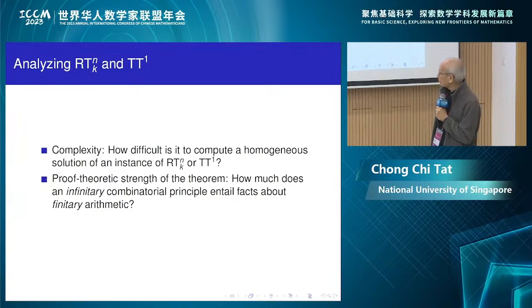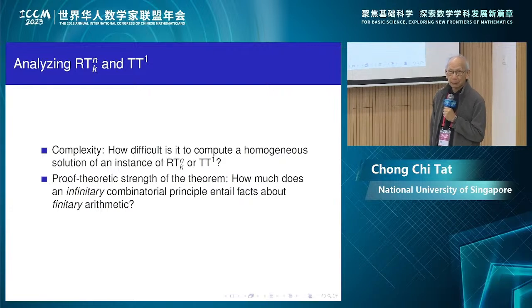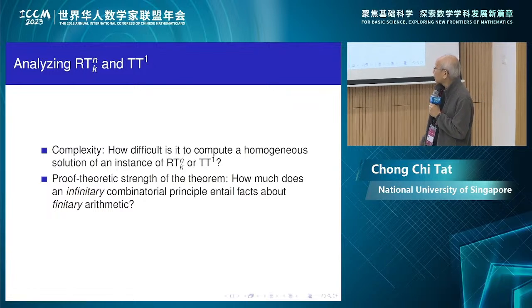By finite arithmetic, I mean statements or facts about numbers, the natural numbers. In other words, how much does the existence of an infinite object tell us about the nature of the natural numbers?